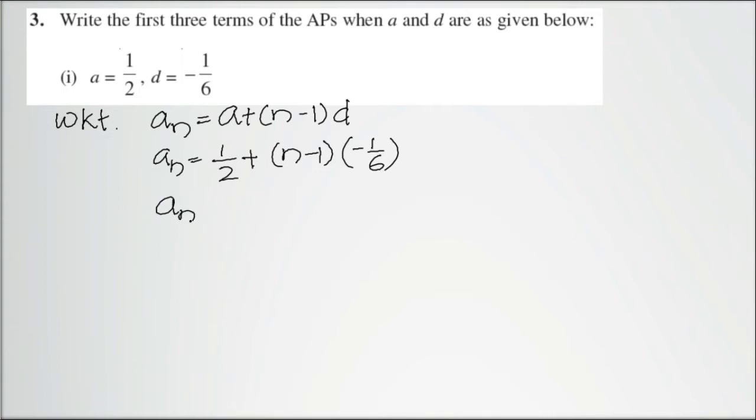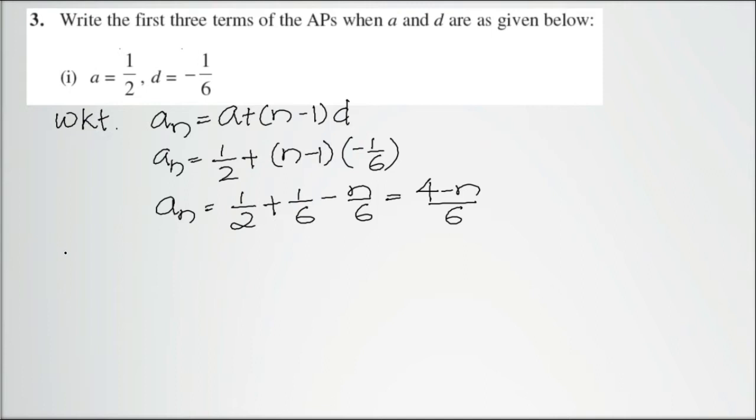Let us further simplify. We'll be getting 1 by 2 plus 1 by 6 minus n by 6. On simplification, it becomes 4 minus n divided by 6 because 3 plus 1 will be there when 6 is the LCM. So nth term is found.